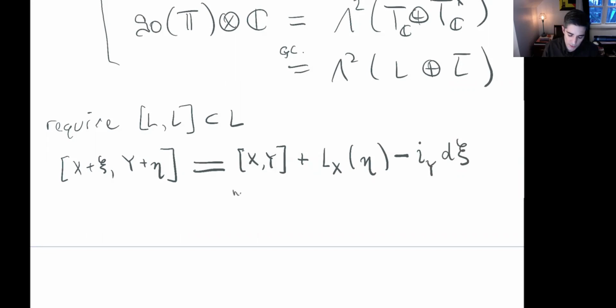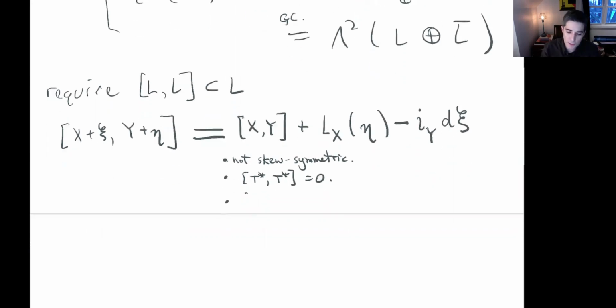This is not skew symmetric. Notice that the bracket on T star is just 0. Let's move this over and say some more about the bracket.